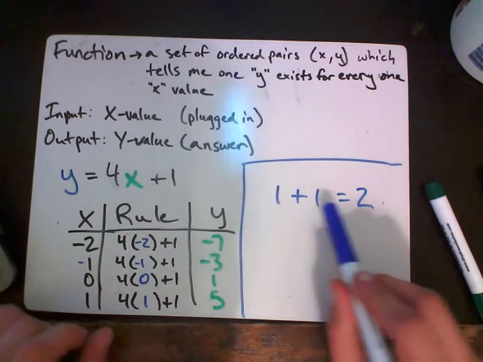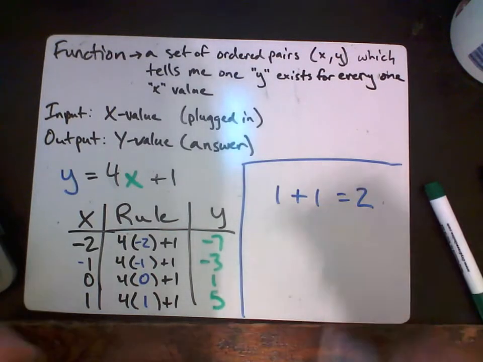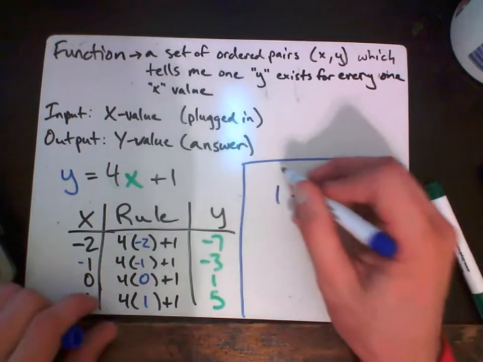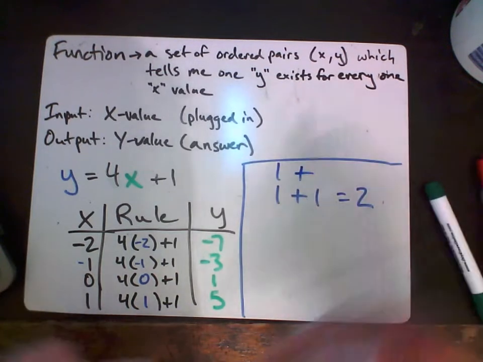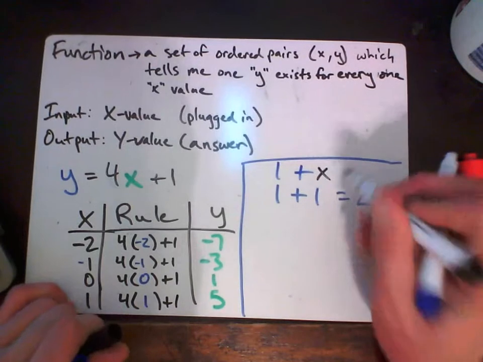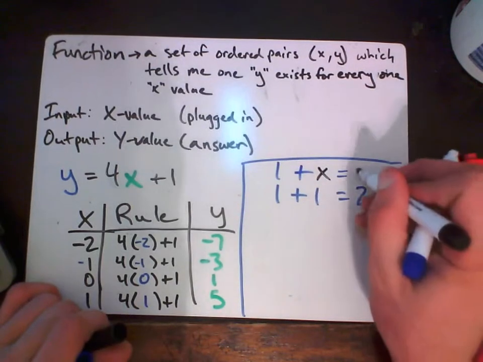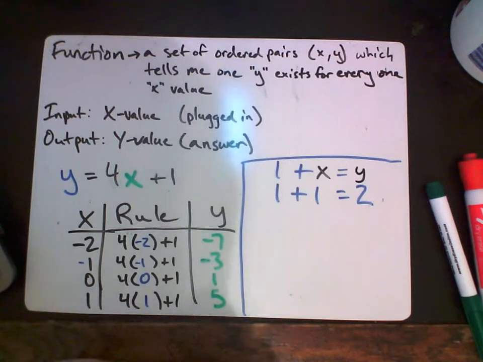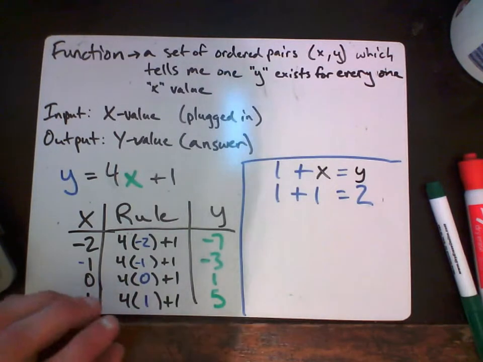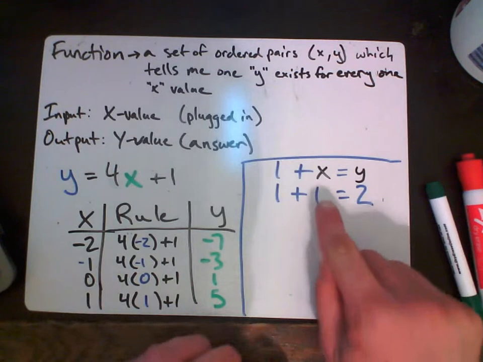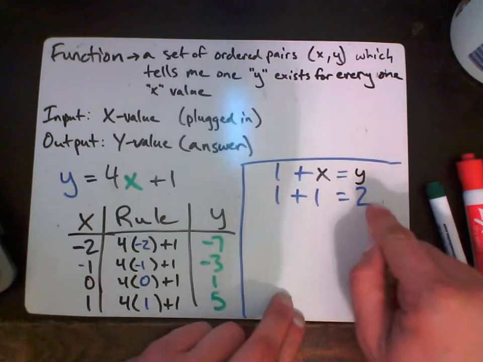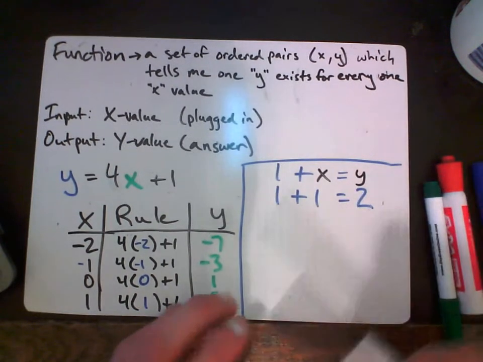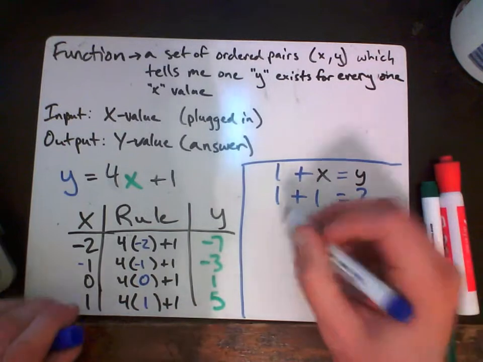Let's take one of these values, make it a variable. 1 plus x equals y. Does that look like a function formula? I think so. When x is 1, y is 2. Let's keep going down.